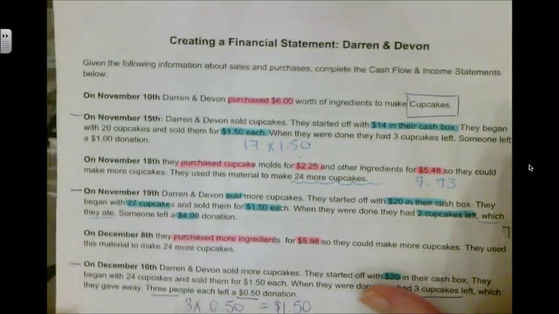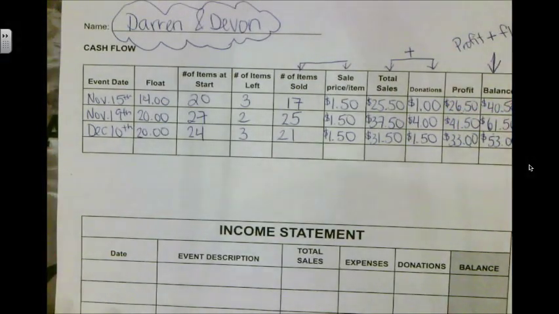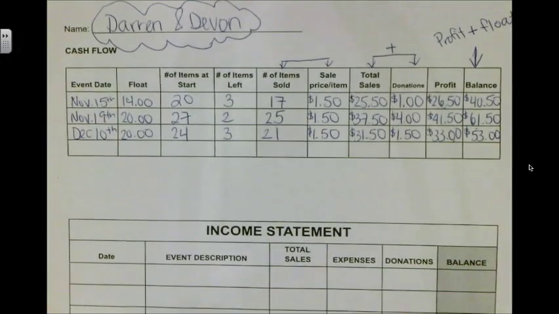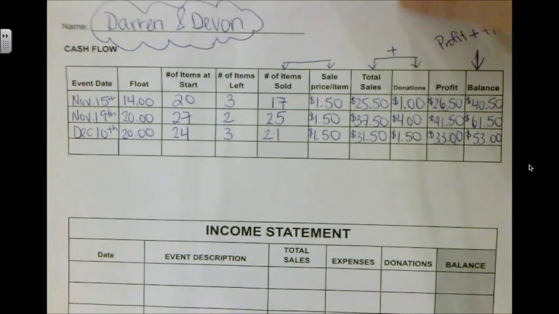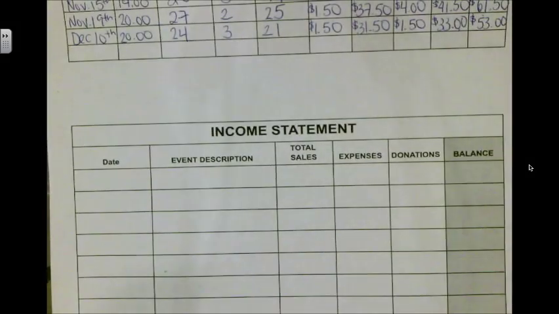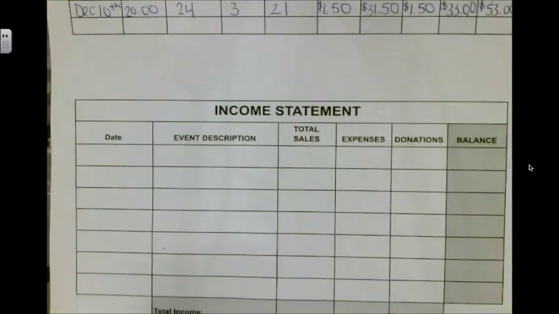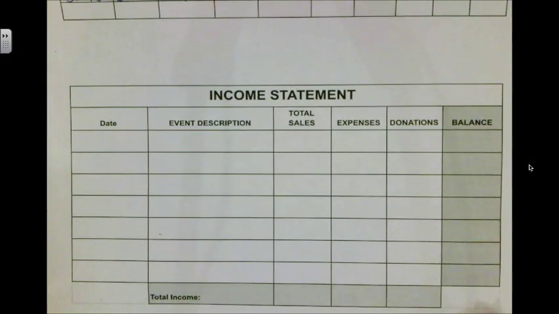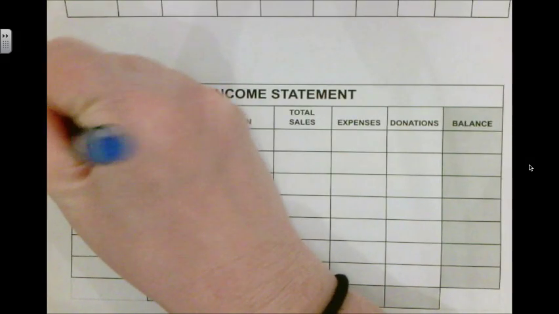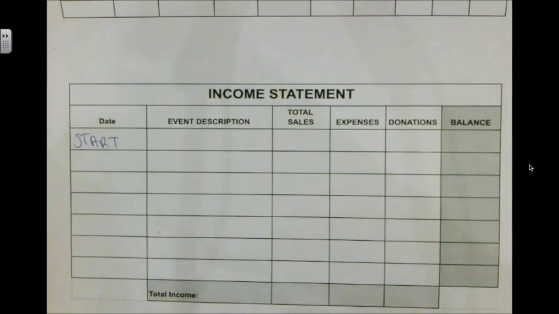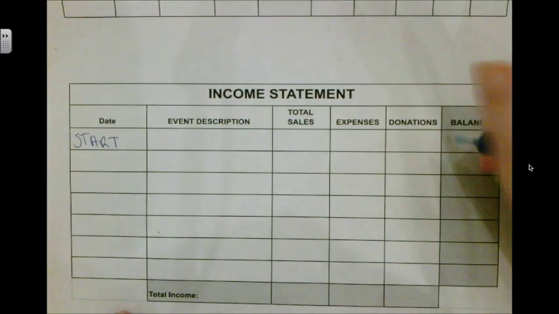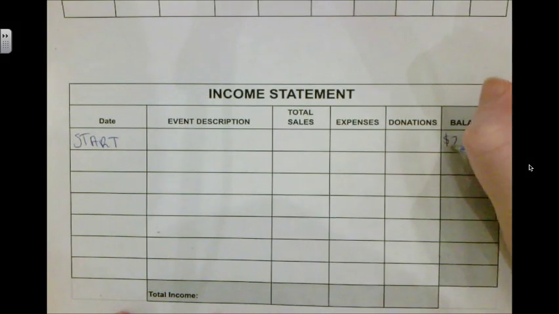I already have all the stuff that we calculated for Darren and Devin in the last video, and we will use it, so I'm going to go back and forth up to the top here. The first thing we should do for our income statement is write start for myself, before I actually write a date, and I'm going to put a balance of $20.